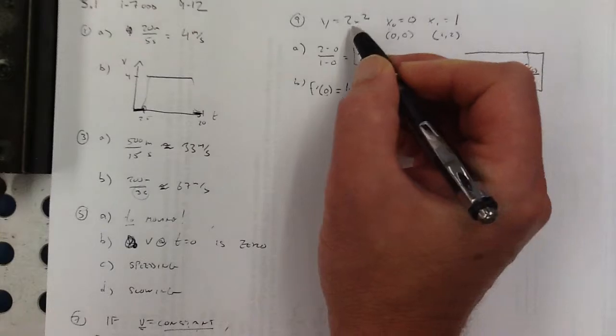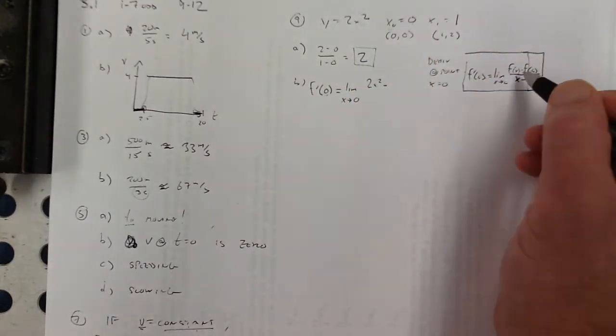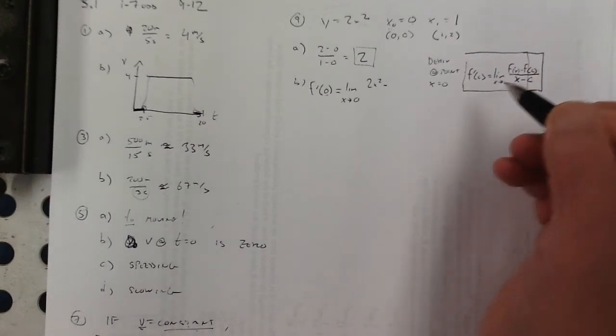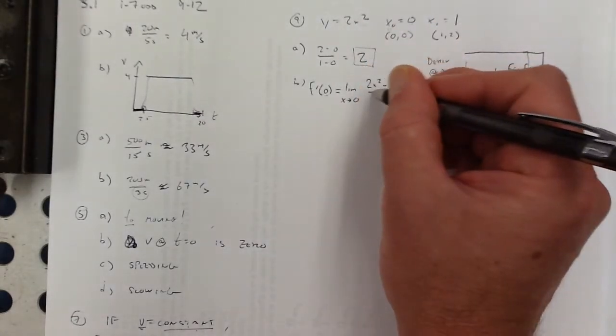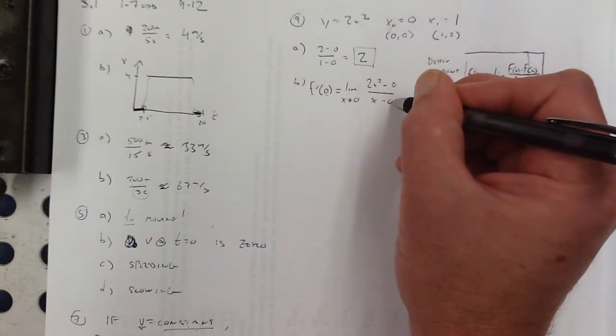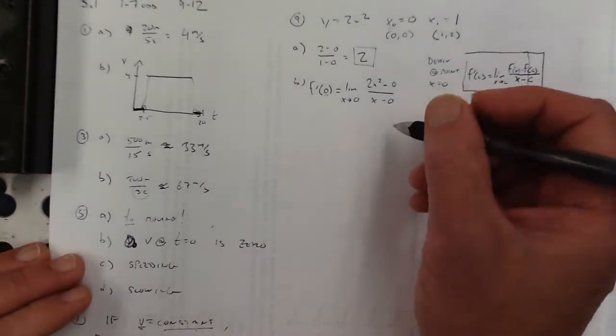Now my function is this, 2x squared minus f of 0, which is 0, over x minus 0. Well, that's about the easiest limit that you ever did, right?